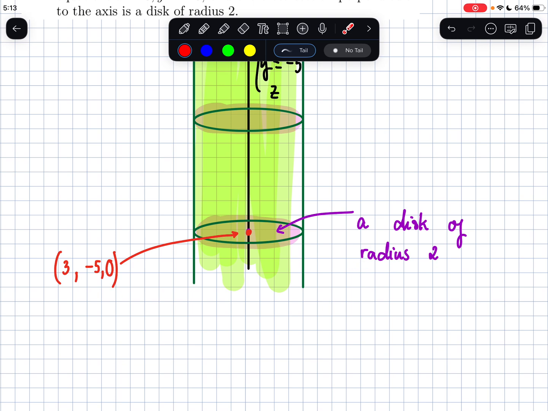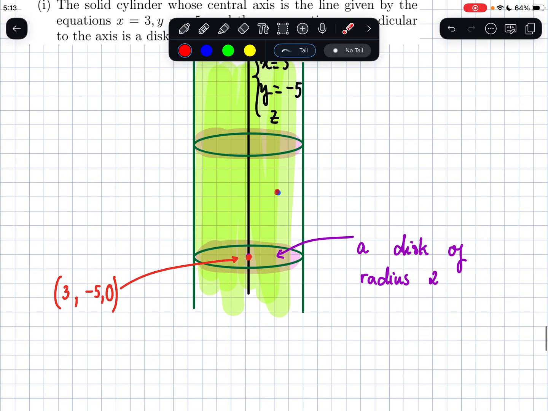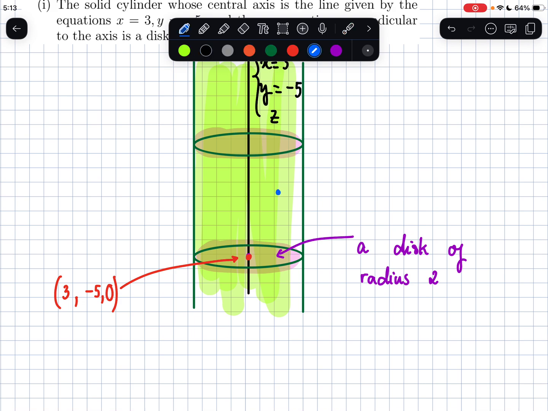The distance of any point on the cylinder to the central axis will always be less than or equal to 2.